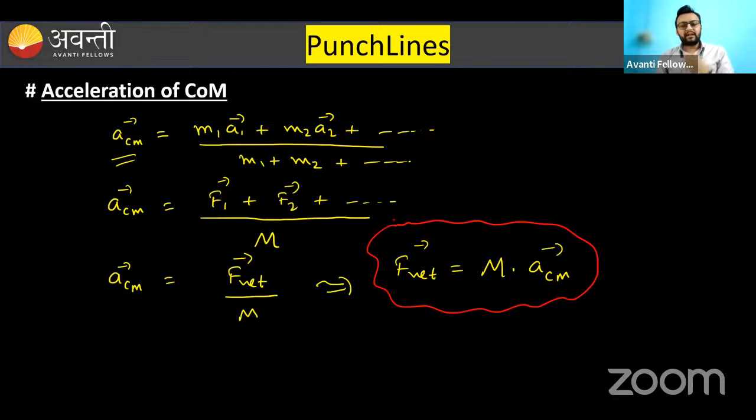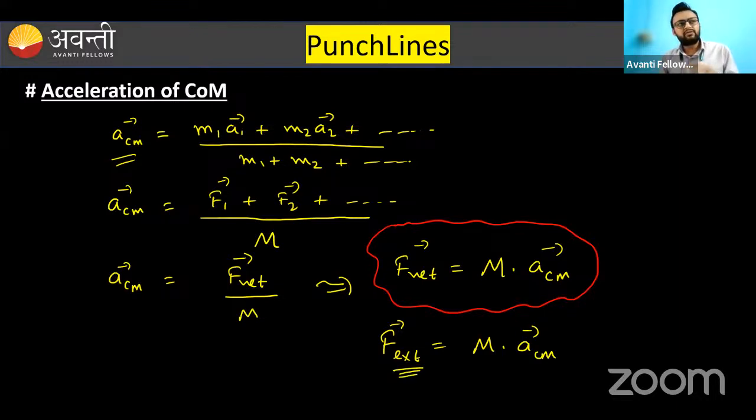Now, one more thing that I need to add here. F net is the total force acting on all the particles. But what if I say that we can also write it as F external is equal to mass into acceleration. What is the meaning of external force?